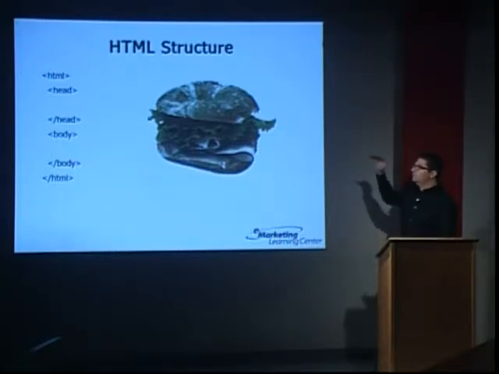You have the bread, which is the HTML on the top and bottom. You have the head of the document, and you have the body. The body is kind of the meat, and the head has a lot of features that make that sandwich taste better, but also features that make your site function better or look better. So style sheets or JavaScripts, elements to enhance the website.